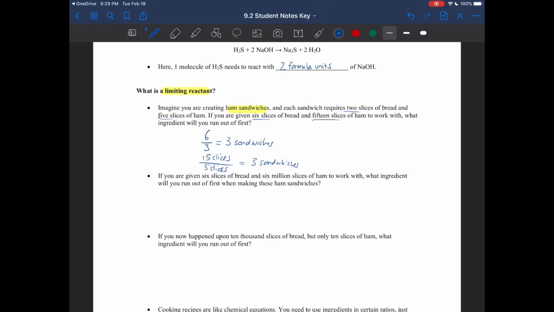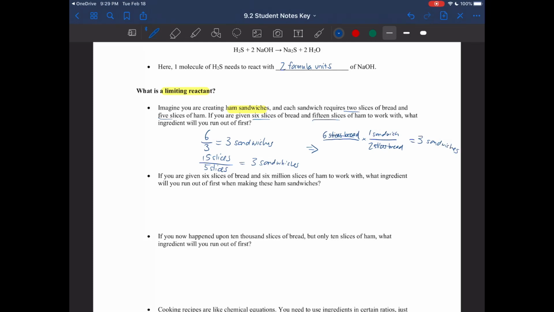And we can write this in a more dimensional analysis way. You might see this notation later on, I just want to throw it out there. If we start with 6 slices of bread, we know that there are 2 slices of bread in one sandwich. When you do this math, slices of bread cancel, and 6 divided by 2 is 3 sandwiches.